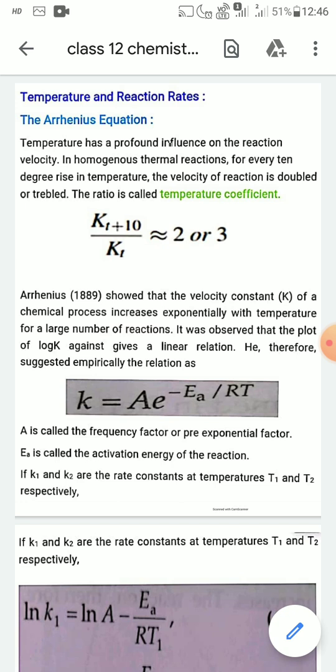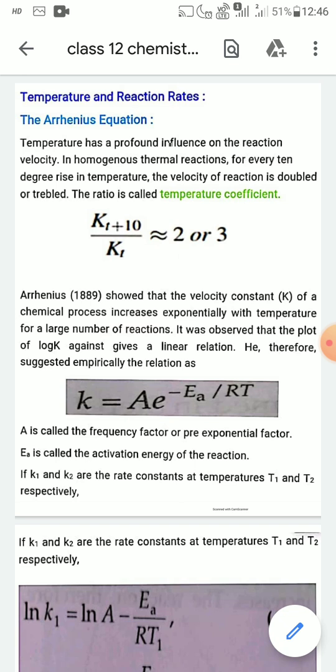In homogeneous thermal reactions, for every 10 degrees Celsius rise in temperature, the velocity of the reaction is found to be doubled or tripled, and the ratio is called the temperature coefficient.